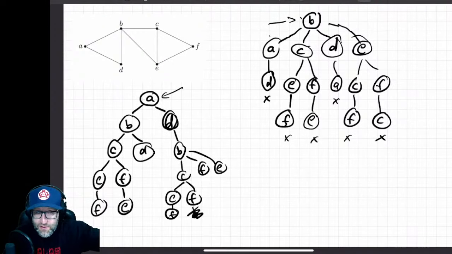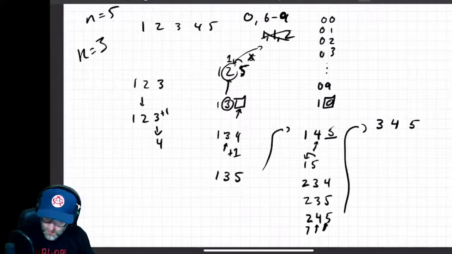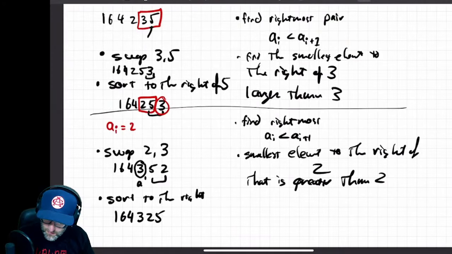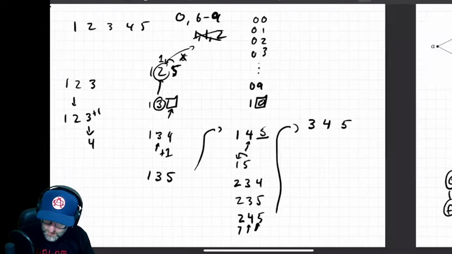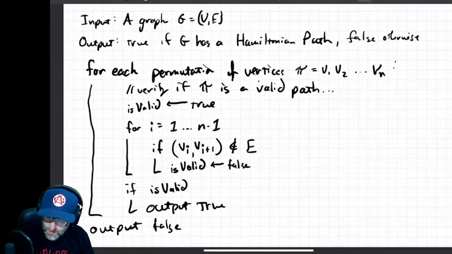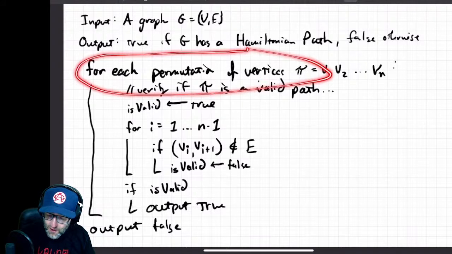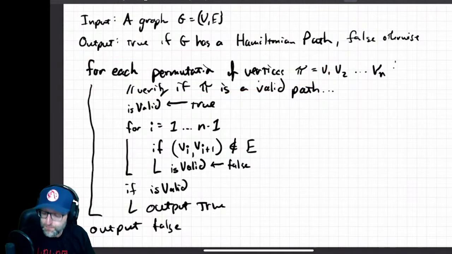Same thing with pseudocode. In our pseudocode for generating permutations, did I put in the details of that algorithm that we developed yesterday? No, I relied on pseudocode to do that for me.